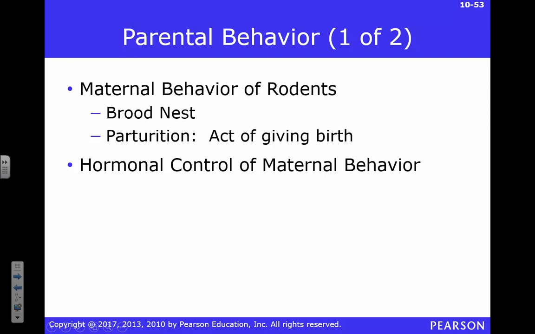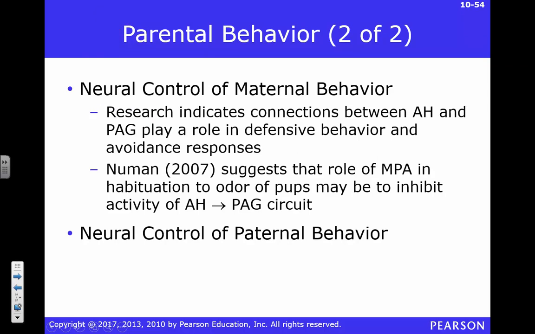All right, let's talk about parental behavior. What do we want to say about maternal behavior? Maternal behavior is kind of interesting. Mothers will make brood nests. These are nests for your brood, right? So the mother rodents will make a nest for their pups, their offspring.